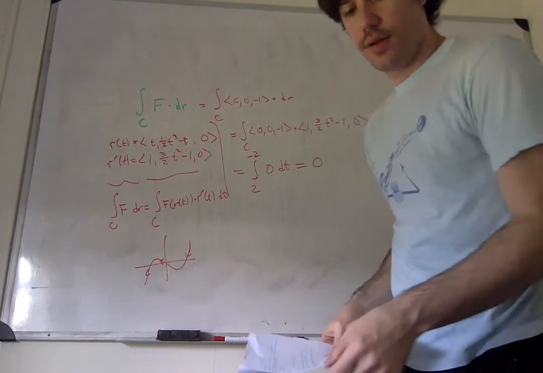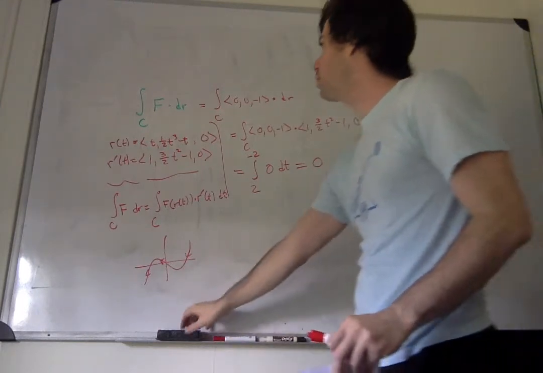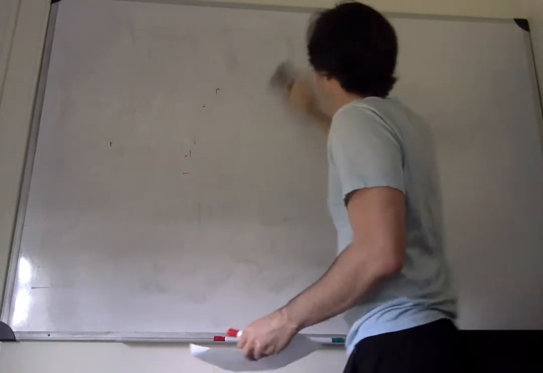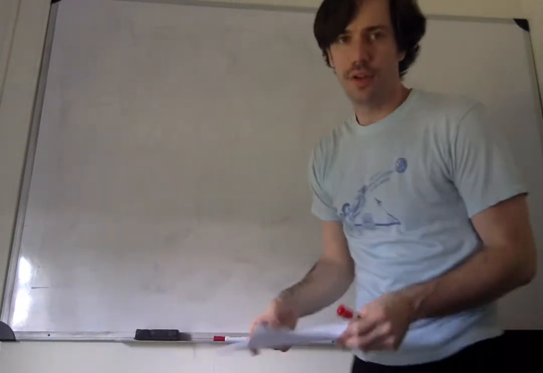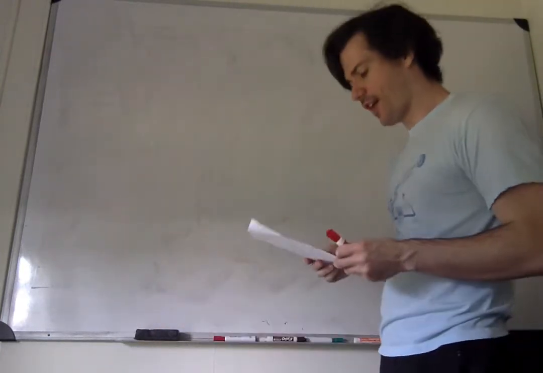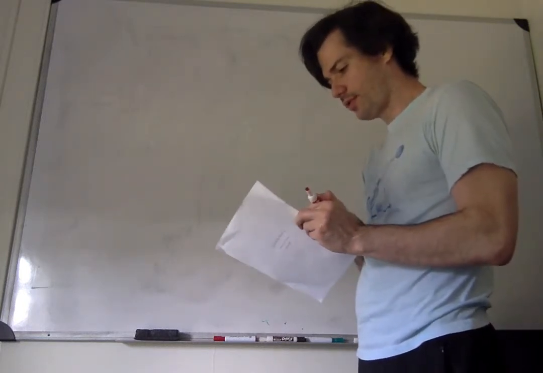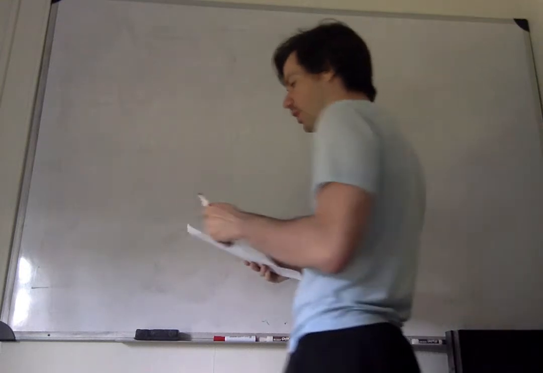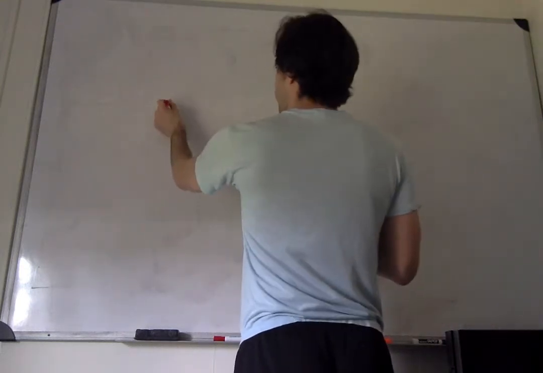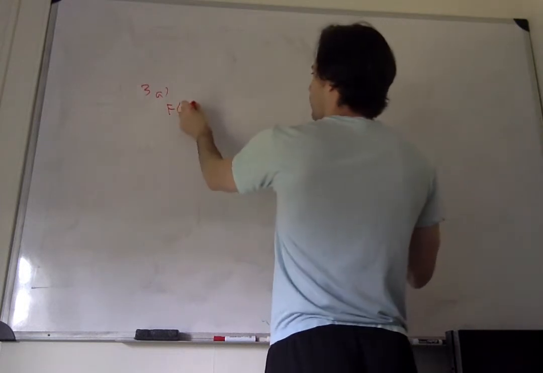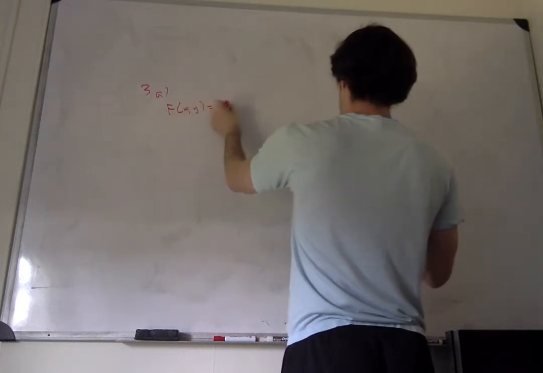Okay, so the next exercise asks us to determine if certain vector fields are conservative or not. So let's find out. So part 3A, you have this vector field.